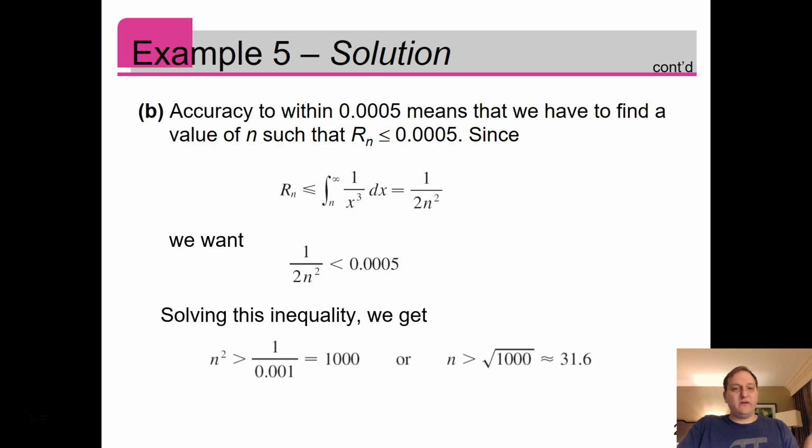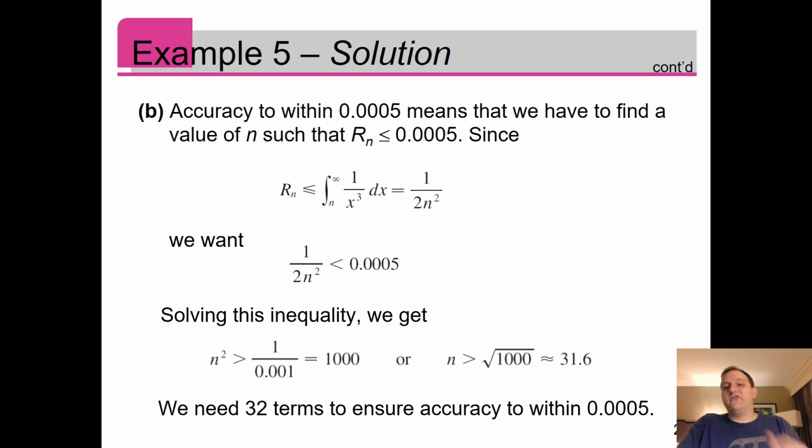When we solve it, it turns out that n has to be greater than 31.6, which means that we need 32 terms. So to ensure our 3 decimal place rounded accuracy, we need 32 terms. And that's how this theorem works.